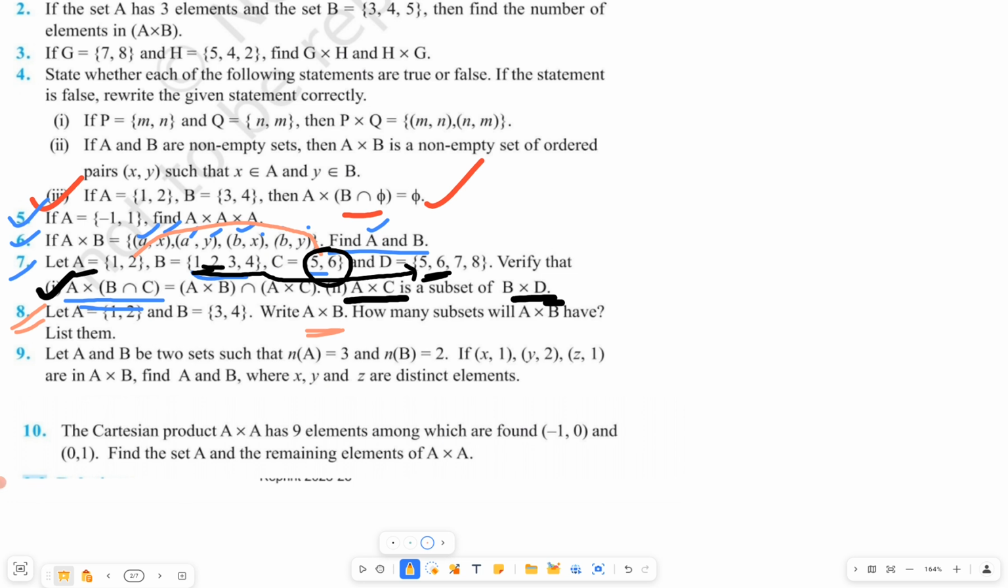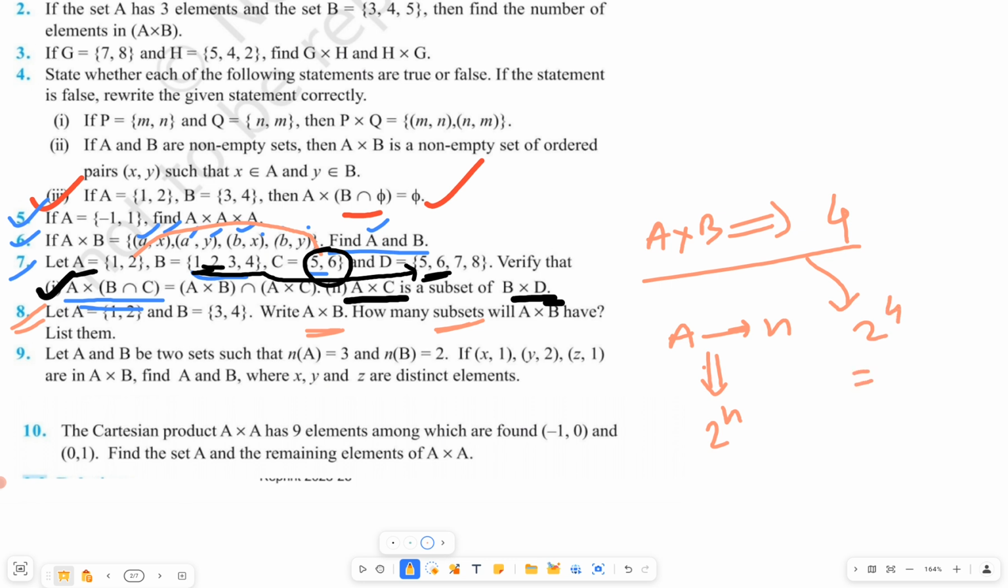Write A cross B. How many subsets will A cross B have? First we need to say what the elements of A cross B are, subsets later. The number of elements of A cross B is 4. OK. The formula for subsets: if a set A has n elements, then the number of subsets is 2 to the power n. Here 2 to the power 4 equals 16. OK.